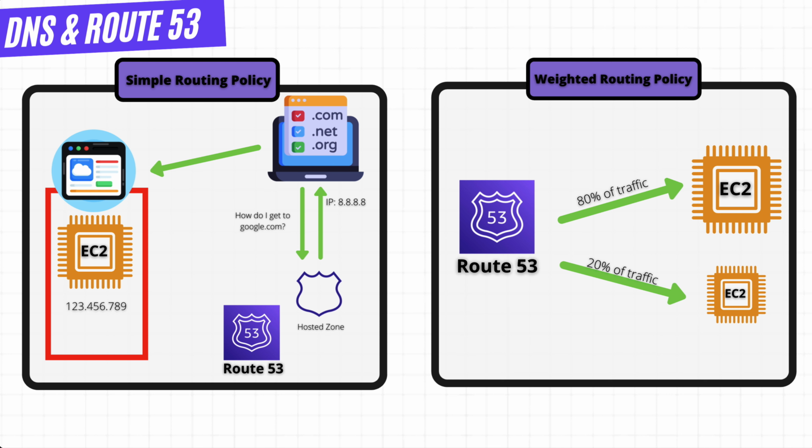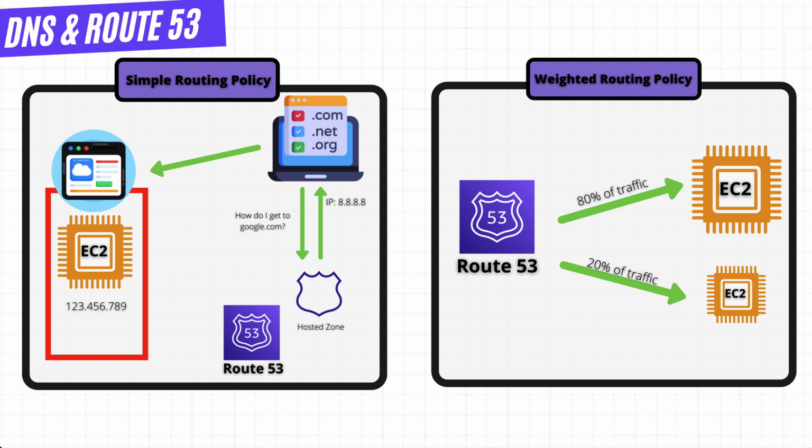This service also offers routing policies, which for the cloud practitioner, we just need to understand at a high level. Starting off with the simple routing policy, which is the one we just saw in the last slide. It provides a simple DNS response to a client PC with the IP address to the associated domain name.